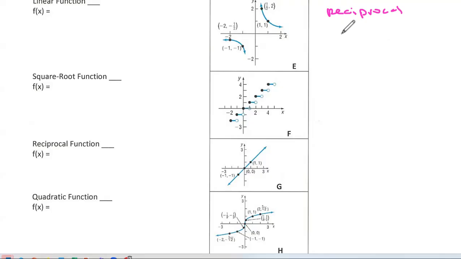And that is represented by f of x is equal to 1 over x. What I was trying to say is that's another way to say rational, right? That's a rational function, but they call it reciprocal. Remember, rational just means you can write it in fraction form.